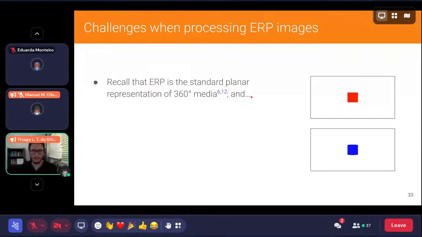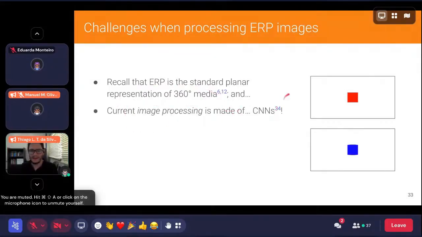We also need to understand that the current image processing is made of CNNs. Although we will focus on this kind of discussion here, we can extrapolate these ideas to classical or traditional image processing based on some other kind of filtering and things like that. Okay.